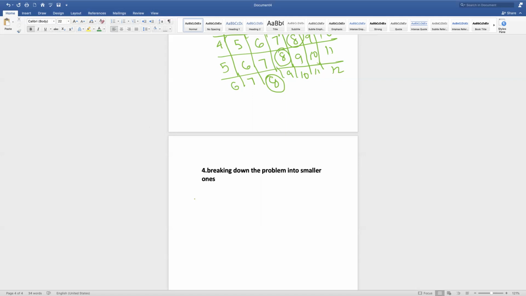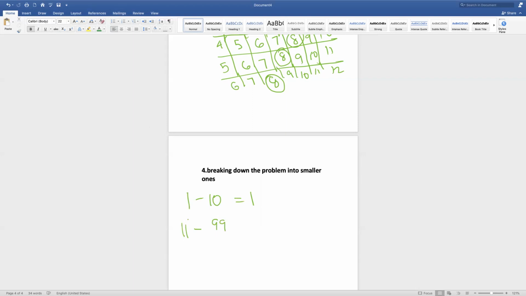So the first question is, how many 7s are there from 1 to 10? There's only one 7, so we're going to just put 1. Now we're going to see how many 7s are there from 11 through 99, because these are all the 2-digit numbers.